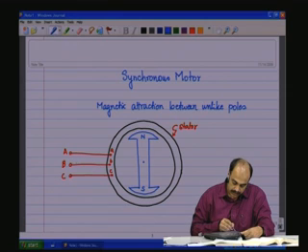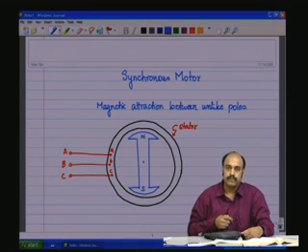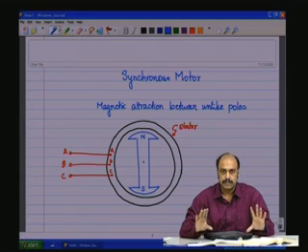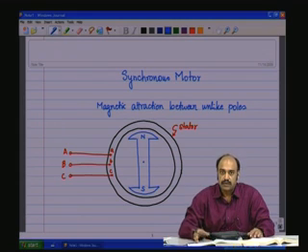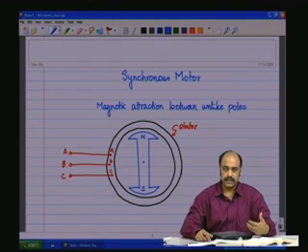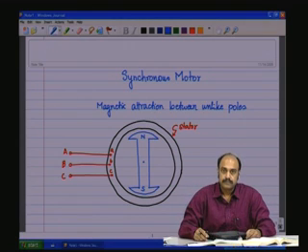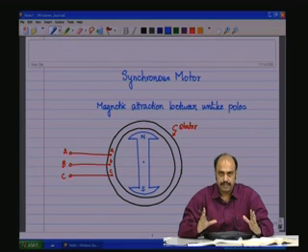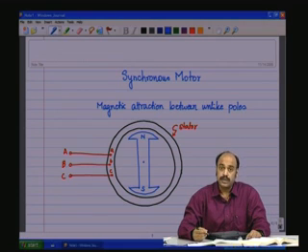Now the moment we give the three-phase AC supply to the stator, and the stator coils are wound 120 degrees mechanically spaced apart in space, then what should we get? We should get a rotating magnetic field, just like in the case of the induction motor. So we are giving three-phase supply to three coils of the stator which are 120 degrees mechanically spaced with respect to each other.